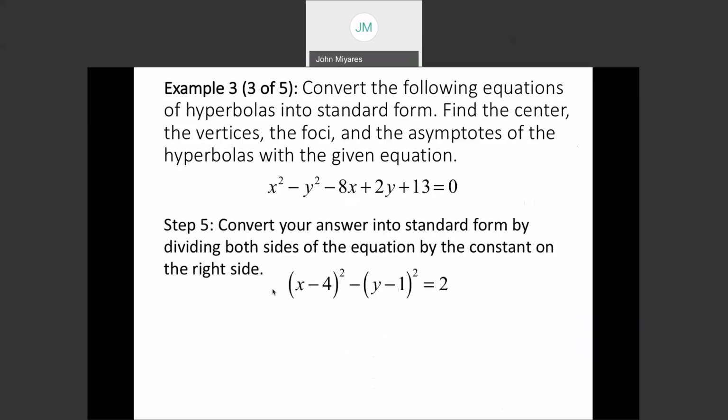Our last step is going to be to get this equation into standard form, which requires that the equation equal 1 on the right side and not 2. So we're going to divide everything by 2 to get our final answer of (x - 4)²/2 + (y - 1)²/2 = 1.